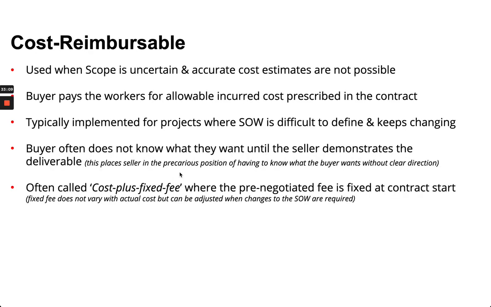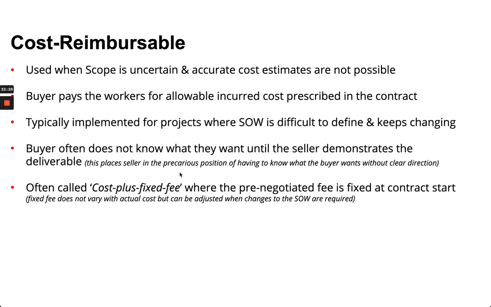When you look at cost reimbursable, this is when the scope, in essence, you're not sure of, and it's difficult to estimate costs. This is typically implemented where the statement of work is difficult to define. It's a moving target, so to speak.